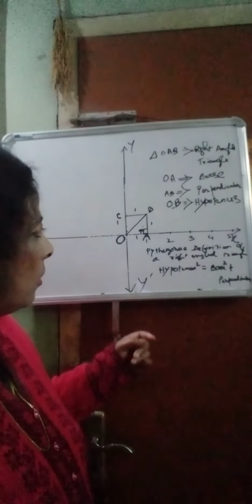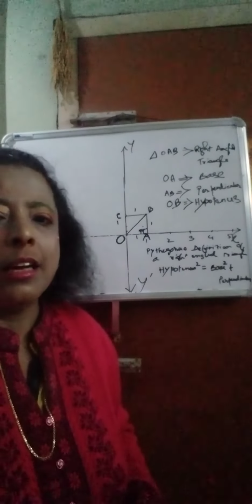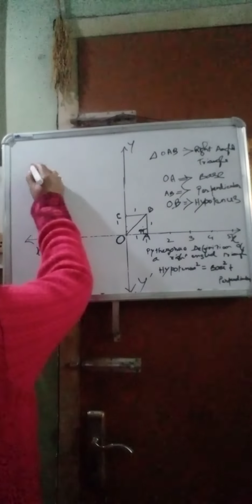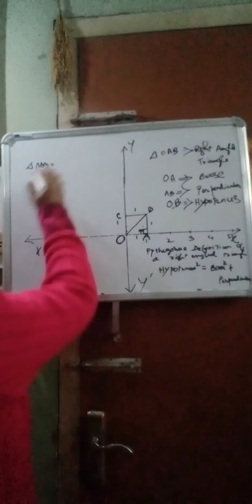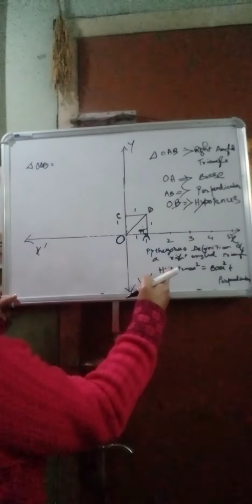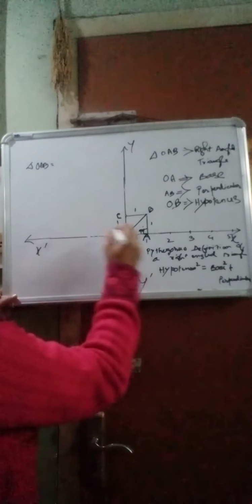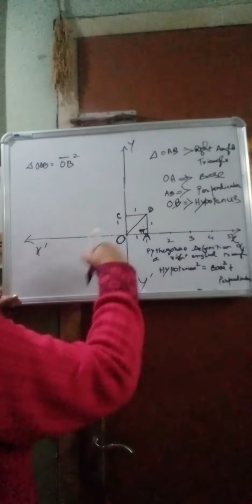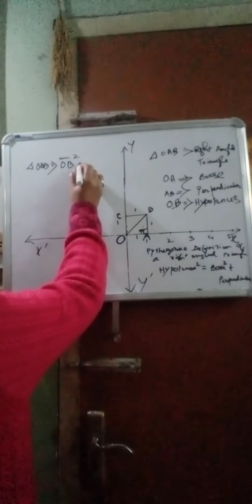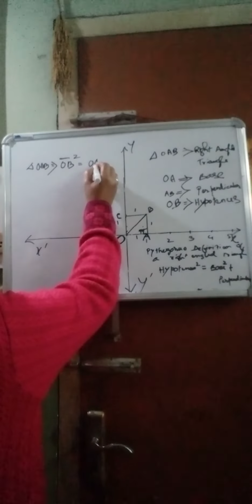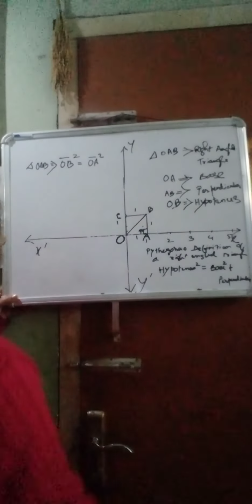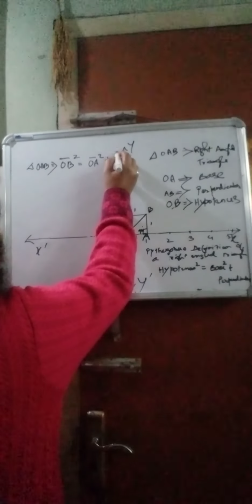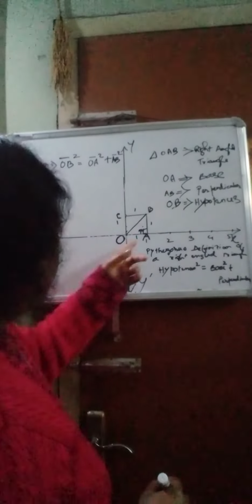Following this Pythagoras theorem, from this right angle triangle OAB, we may write the formula: OB square, which is the hypotenuse, equals OA square, where OA is the base, plus AB square, where AB is the perpendicular to the base.